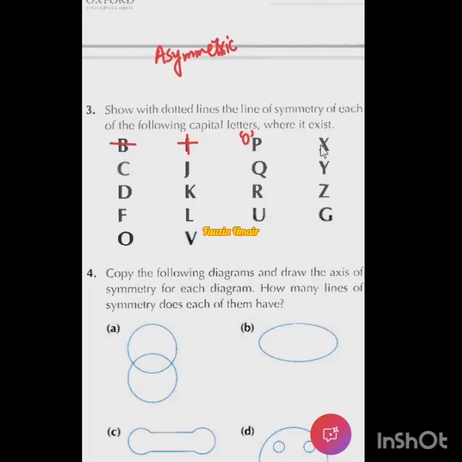What about X? 2. So two are definitely there. What about the vertical ones? Do you think they are lines of symmetry? No, ma'am. Why not?